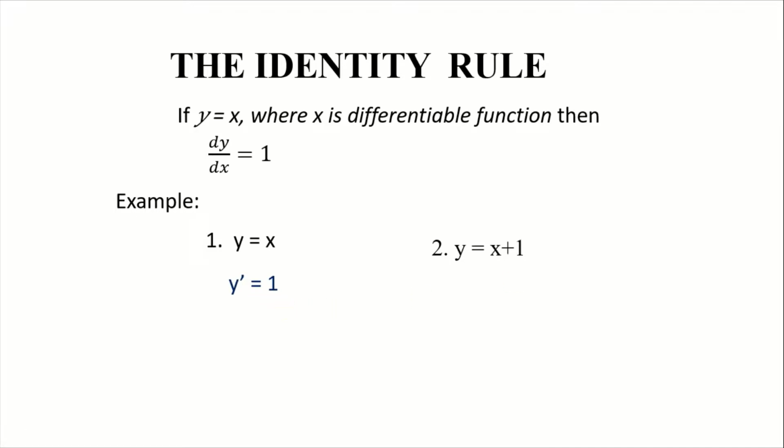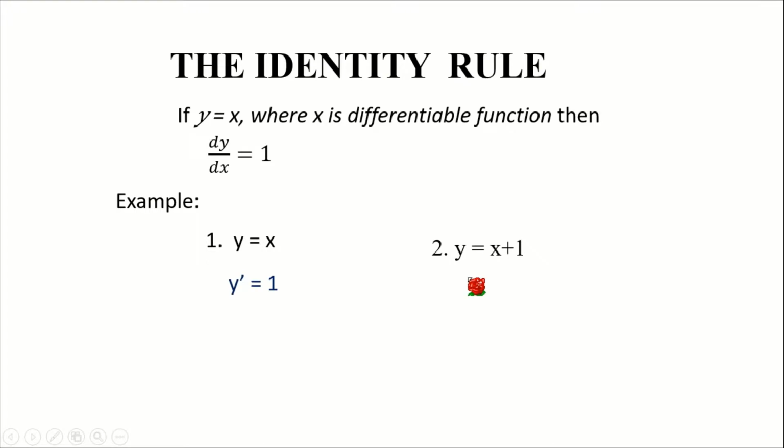Okay? So here, for our second example, we have y is equal to x plus 1. Alright? So here, sinamahan natin ng constant. And then ito, this one, okay, so from identity rule, sabi, if x is differentiable function, then may degree siya ng 1 that is always equal to 1.